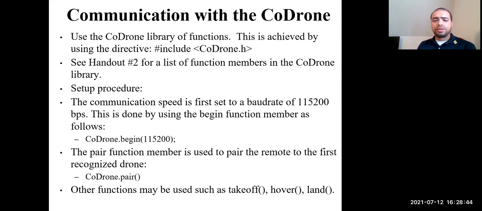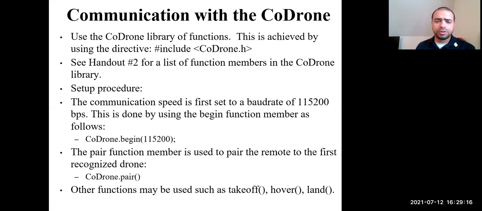So something very important here. You need to use what is called a directive. When you include this CoDrone.h, this is called a directive. You can look at, for example, a list of CoDrone functions.